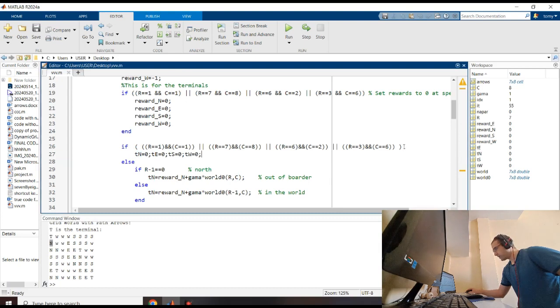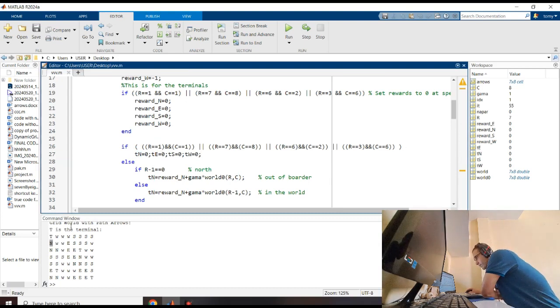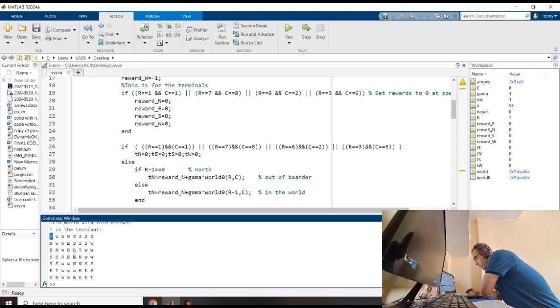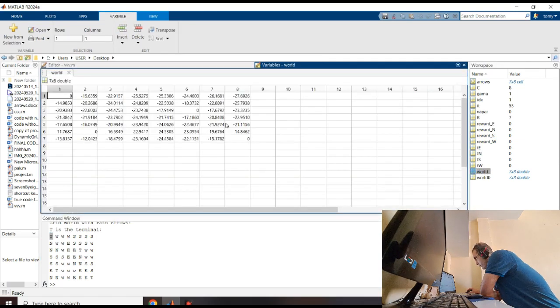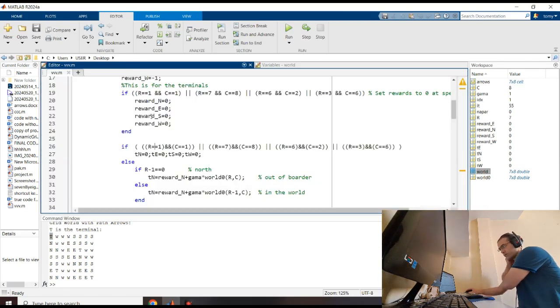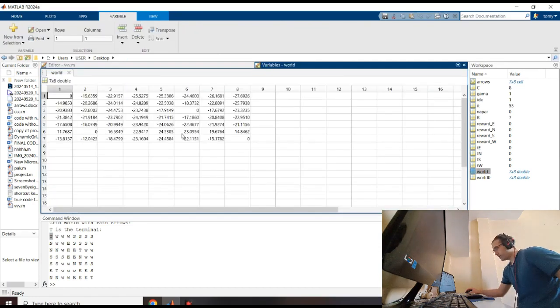So in these lines, let me check again. Row 1, column 1, okay. Row 7, column 8, okay.